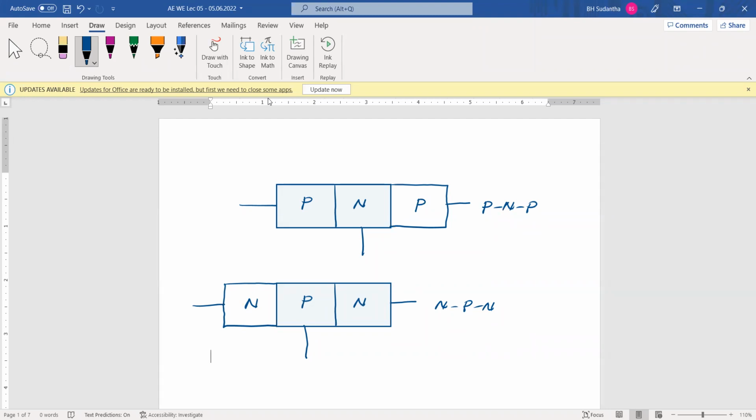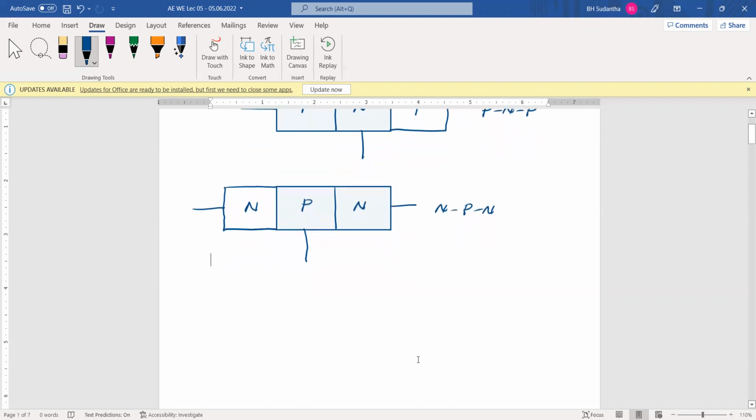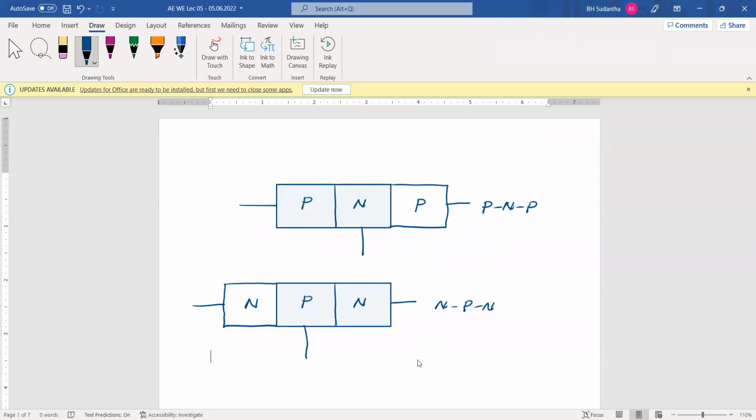Here also we have two PN junctions. Because of that, with these two arrangements, we now have two types of three-terminal devices. These three-terminal devices we can call transistors.